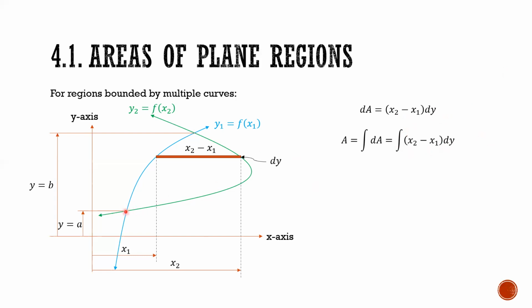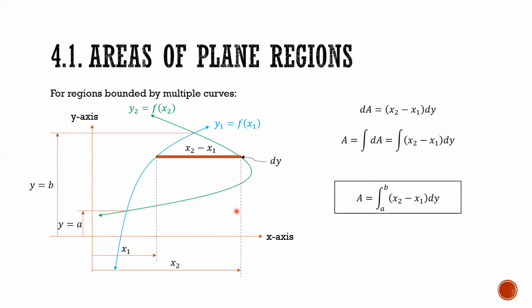So in calculating these points of intersection, what we need in those coordinates are the y coordinates. So we have here y is equal to a for the lower limit and y is equal to b for the upper limit. Thus, making this equation our general equation for the computation of plane region in this particular case.